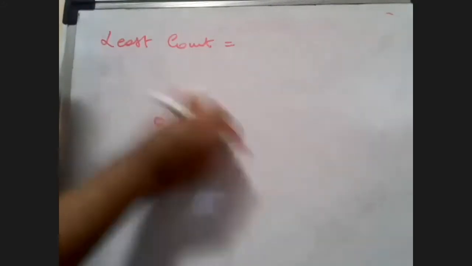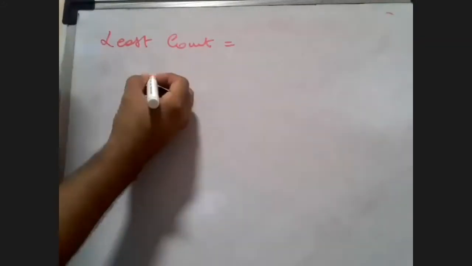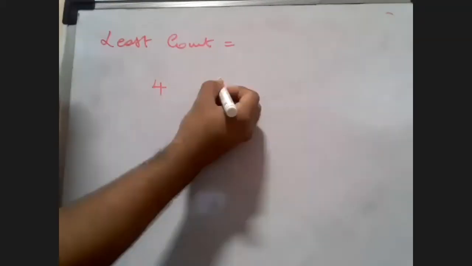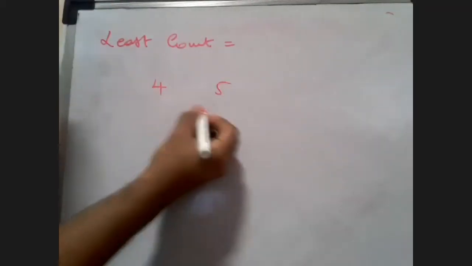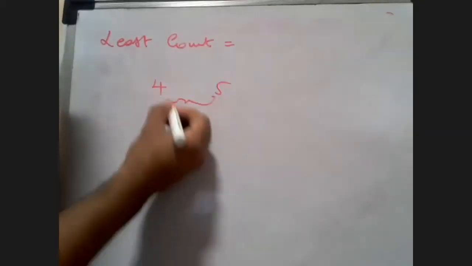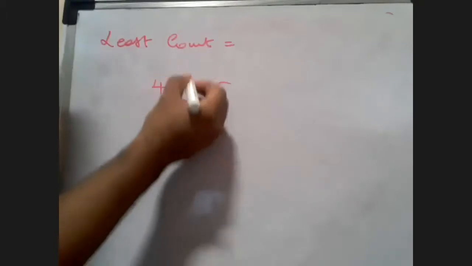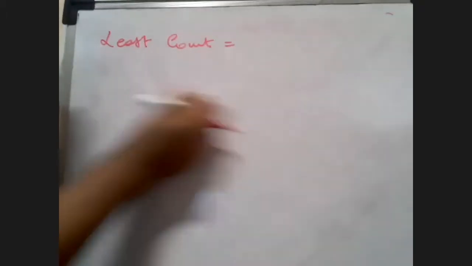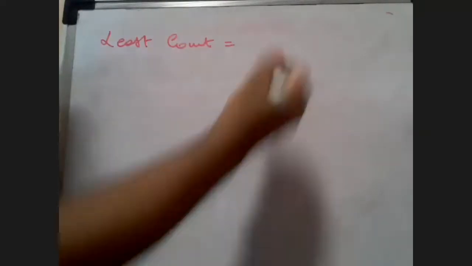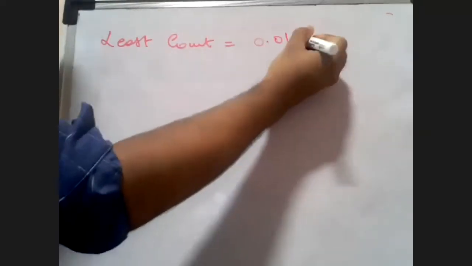If my measurement was between 4 and 5 centimeters, the maximum error I can make is between 4 and 5. So that is known as least count. That is also taken as error. So let's say that this is 0.01 centimeters.